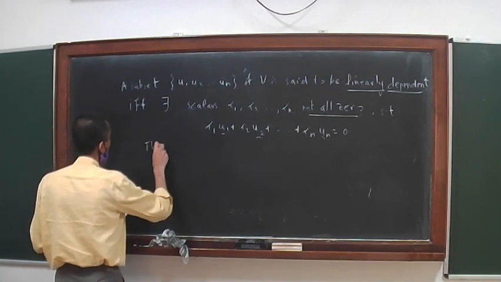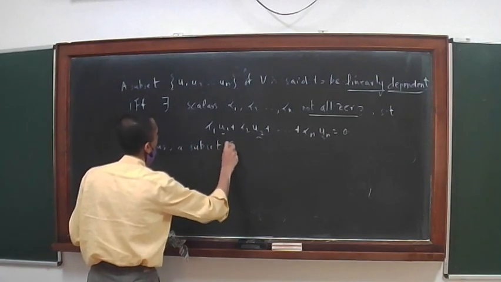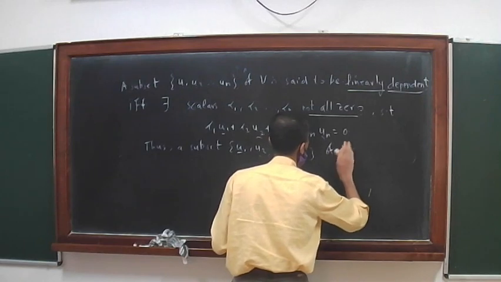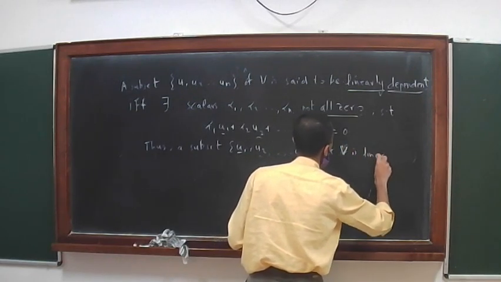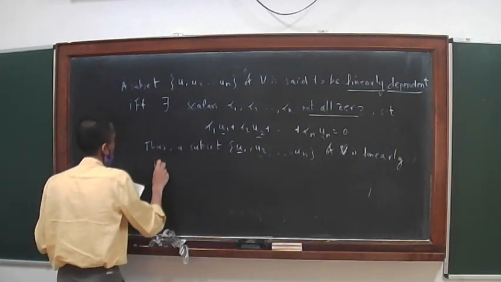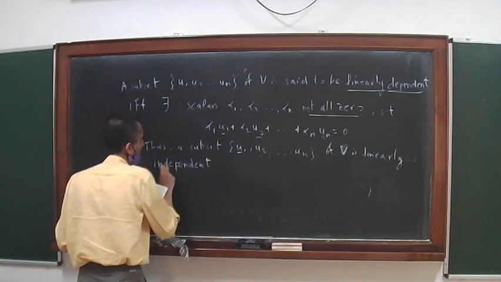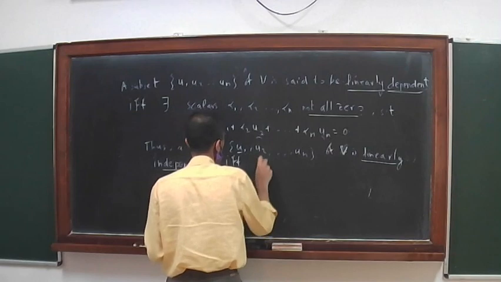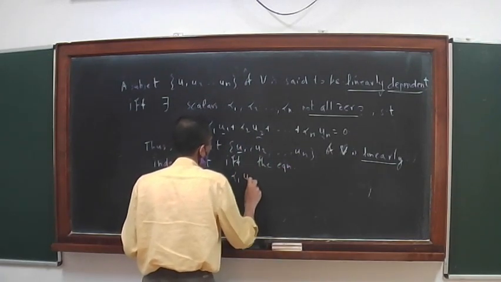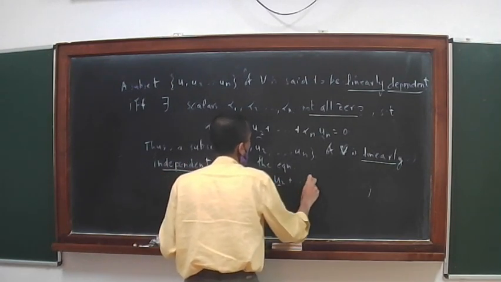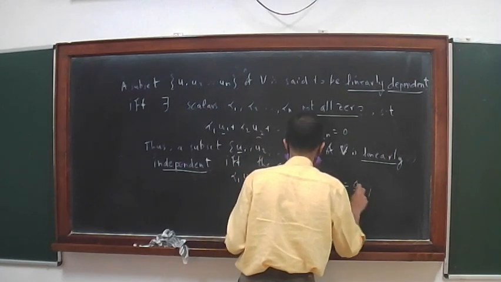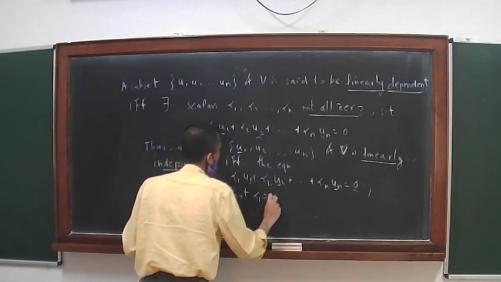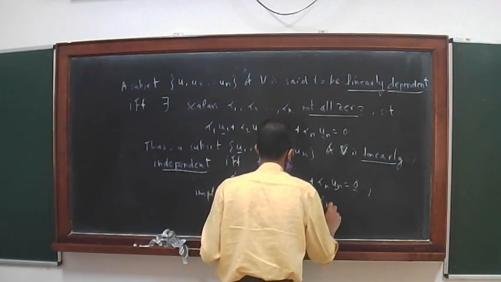Thus, a subset u1, u2 up to un of V is linearly independent if and only if the equation alpha 1 u1 plus alpha 2 u2 plus up to alpha n un is equal to 0 implies that alpha 1 is equal to alpha 2 is equal to alpha n is equal to 0.